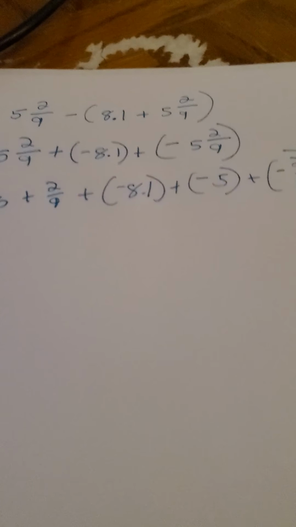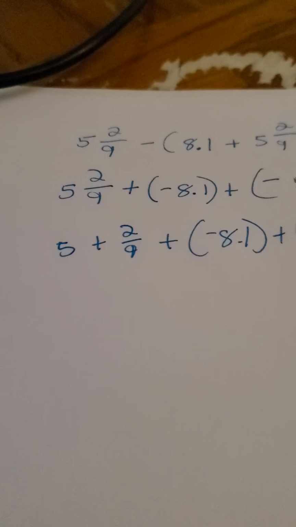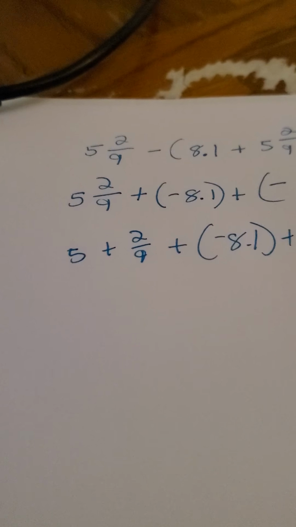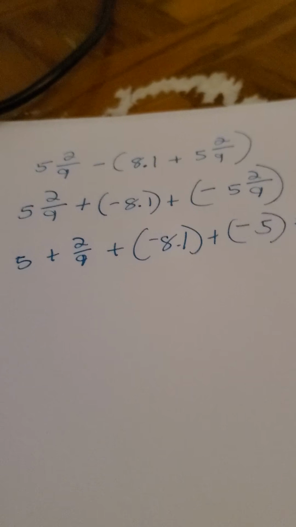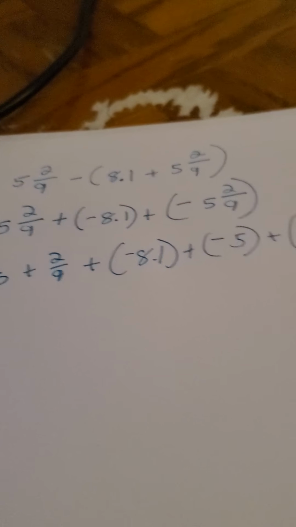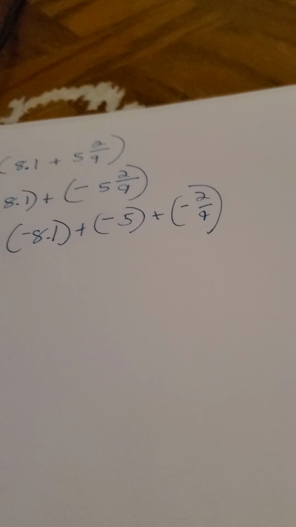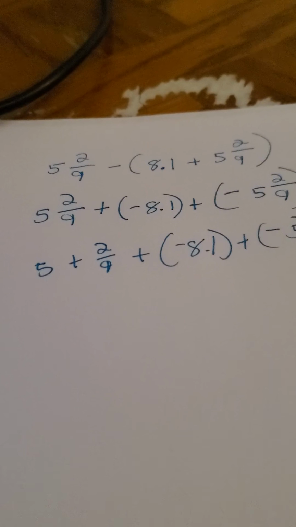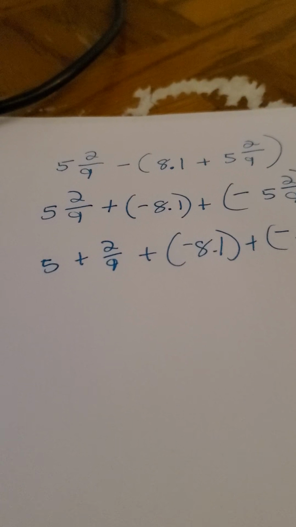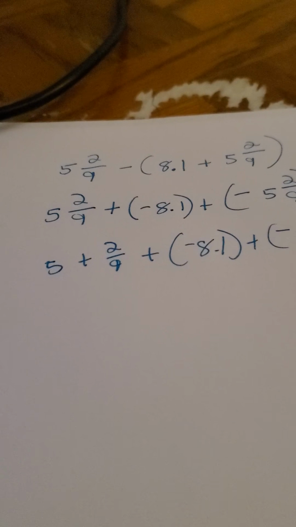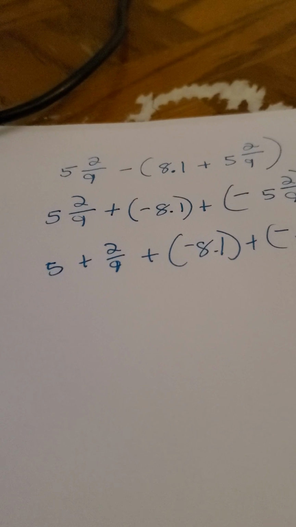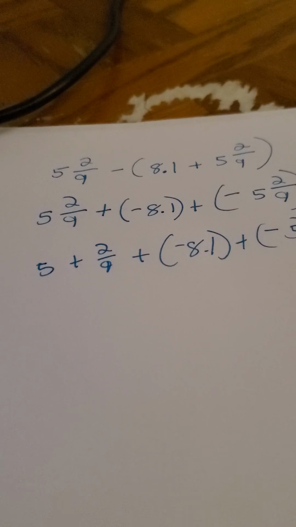So basically what I did is I took the mixed numbers and separated them from the fractions. Now that doesn't really serve a purpose in this problem, but in some of the problems we're going to work on today, that's actually going to be helpful.